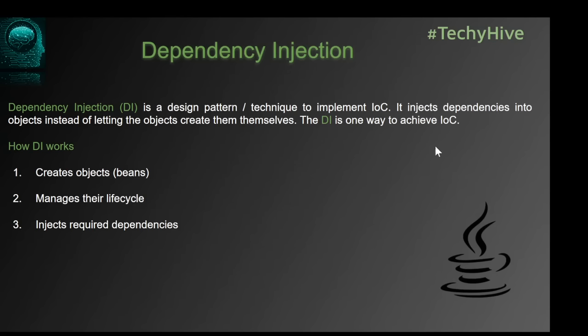Inversion of control is a design principle. On the other hand, dependency injection is a design pattern to achieve IOC. And here are the steps of how DI works. DI creates all of the objects or beans, manages their life cycle, and injects required dependencies.